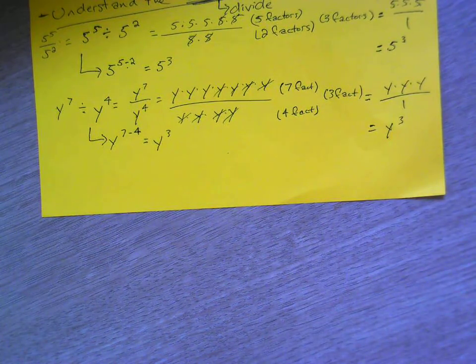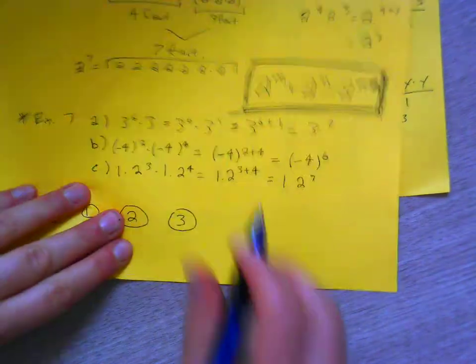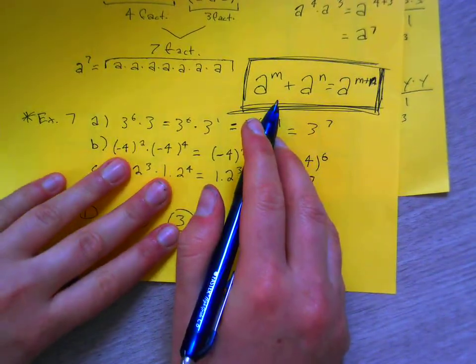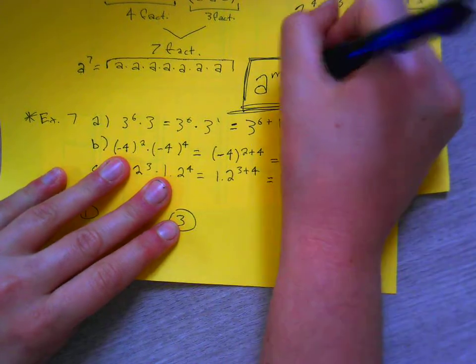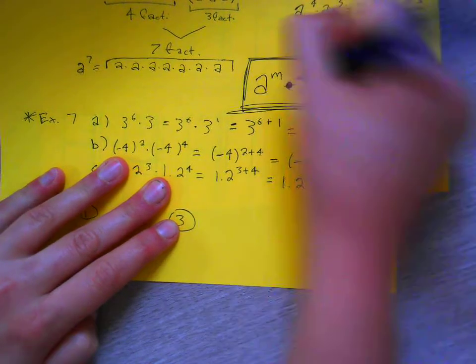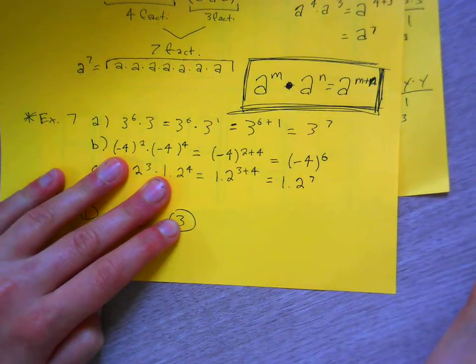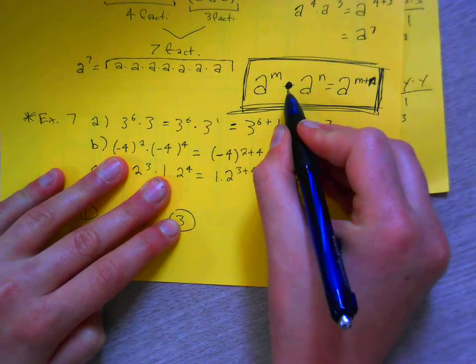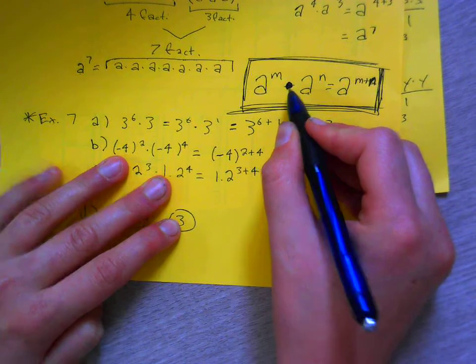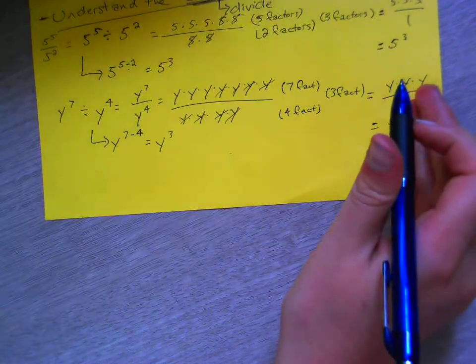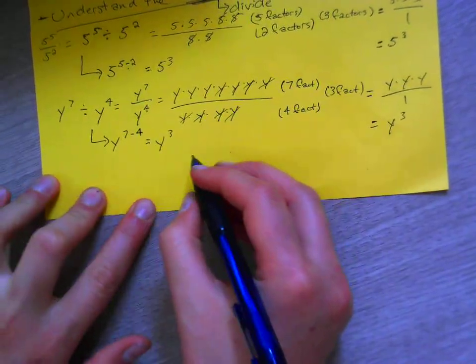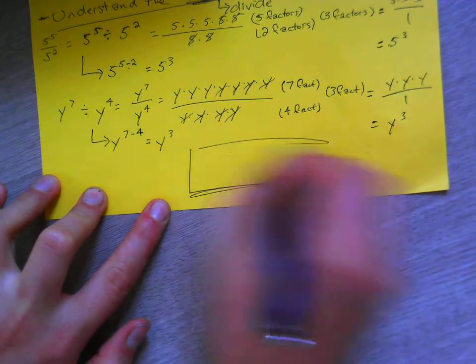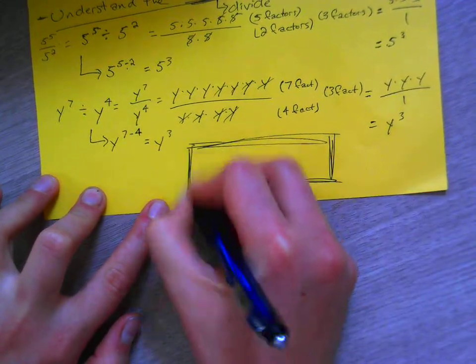Now this is the important thing I want you to note. You have this rule for when you multiplied. I'm sorry, I put a plus there. Go ahead and turn that into multiplication. This one is also very, very important. Box it, star it.